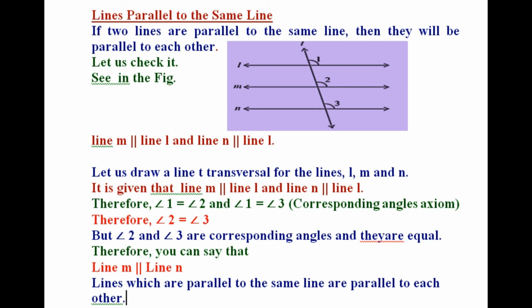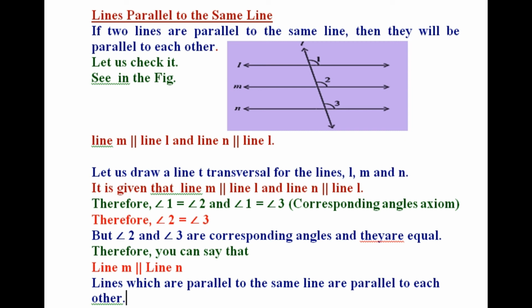You see, line M is parallel to line L and line N is parallel to line L. You draw a transversal T for the lines L, M and N. So it is given that line M is parallel to line L and line N is parallel to line L.